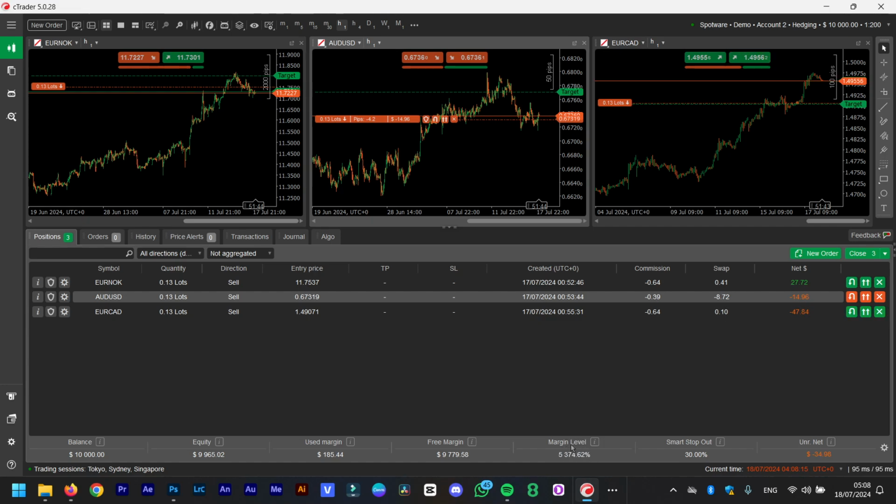As you can see, the margin level is still above 5,000% because we're not using GBP-CHF, and we're not paying immensely high and expensive swap costs. For example, I'm only paying a high cost for AUD-USD, which is $8.